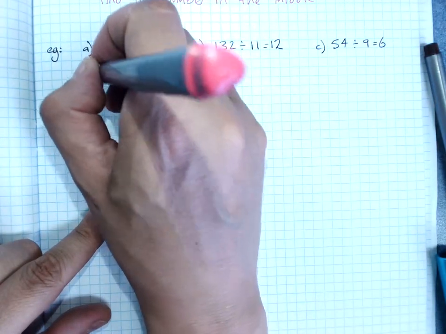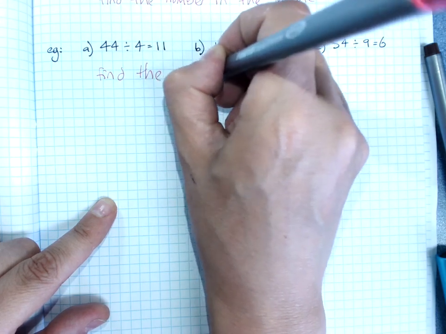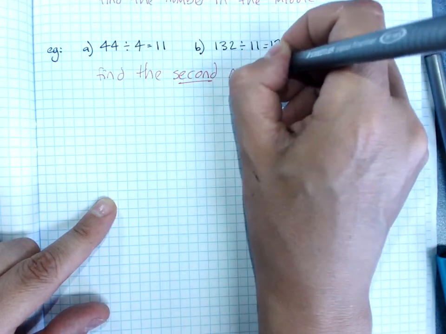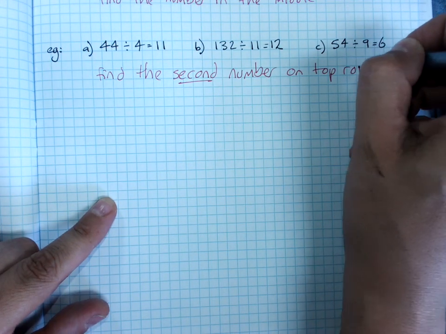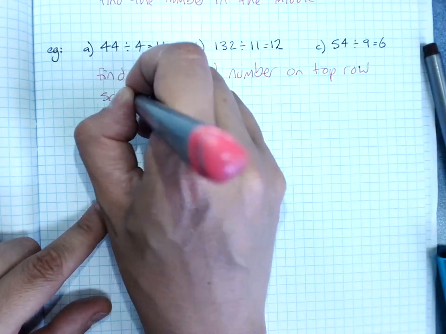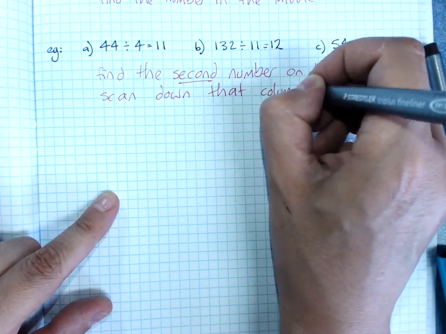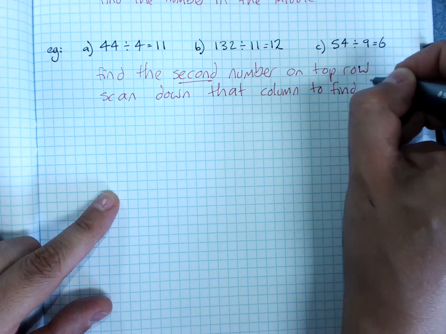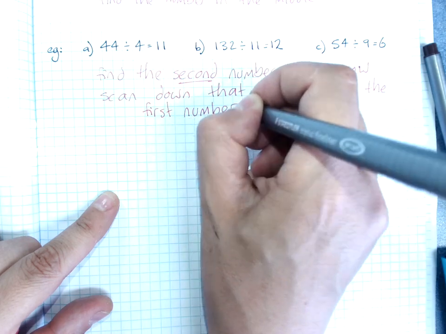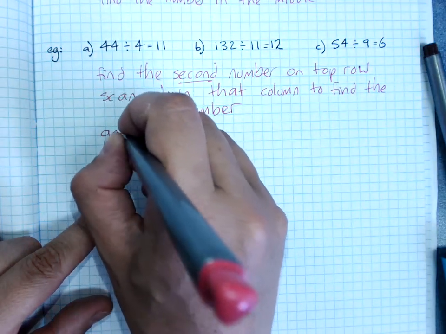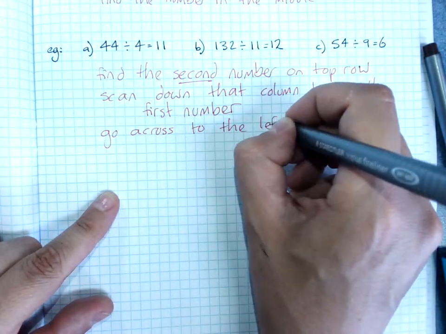So our steps are: find the second number on the top row, scan down that column to find the first number, and then go across to the left for the answer.